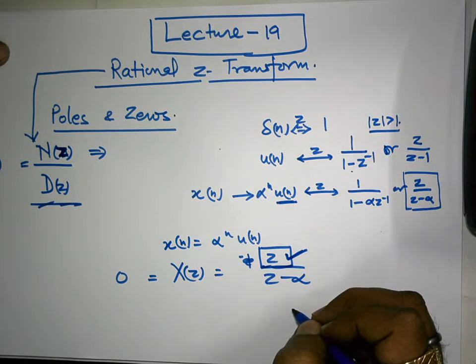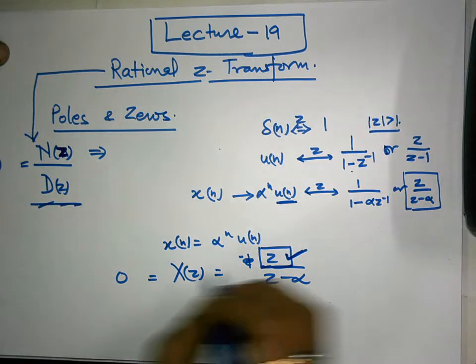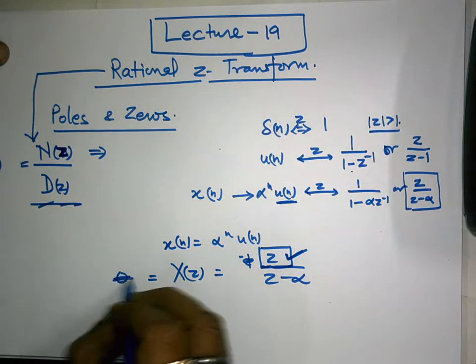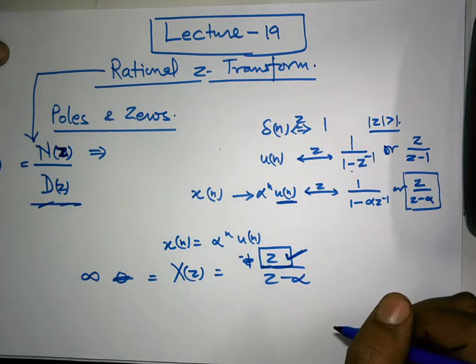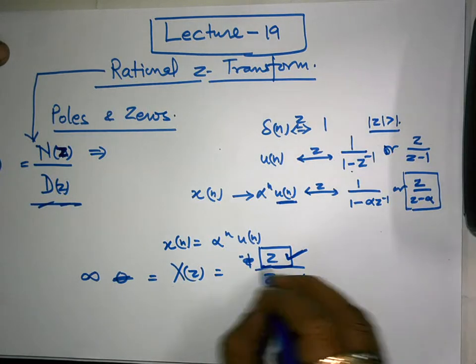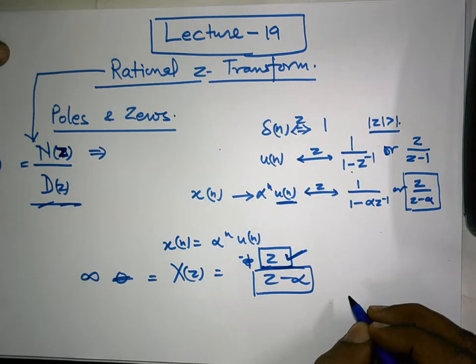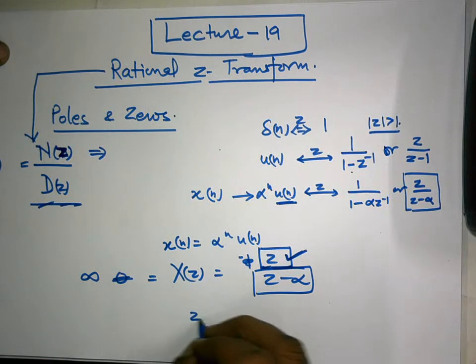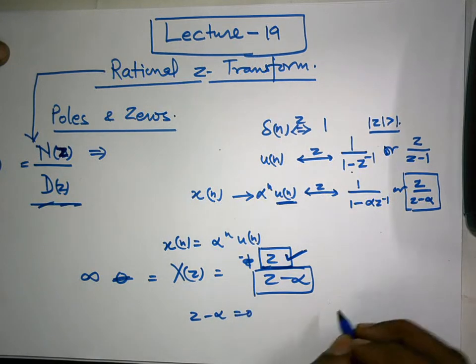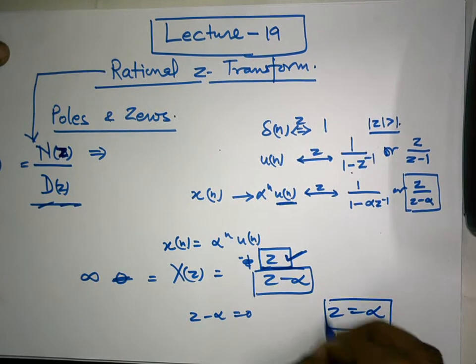Those roots of the numerator polynomial give you the zeros of the function. Now suppose I wish to make this X z equal to infinity. For that, I have to equate the denominator polynomial to 0, and it will give a root z equal to alpha.